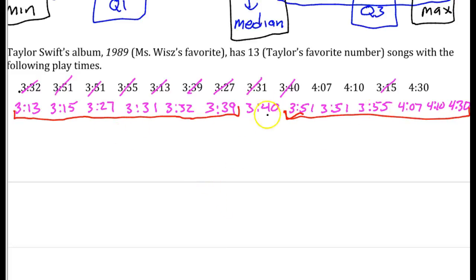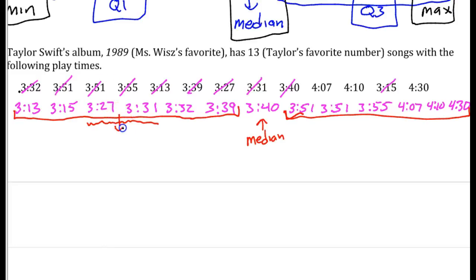Again, the median is easier when you have an odd number because it's just whatever number is in the middle. But then when you go to find the Q1, you have to find the middle of these two, 327 and 331. Now with time, it's a little different. You can't just say it's 3.27. That's not the same thing, right?